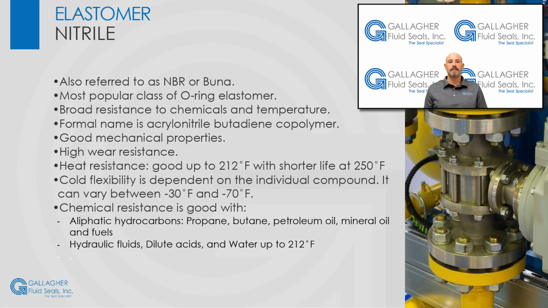Nitrile chemical resistance is strong for the following categories but can vary by individual compound. Aliphatic hydrocarbons such as propane, butane, petroleum oil, mineral oil, and fuels. Hydraulic fluids, dilute acids, and water up to 212 degrees Fahrenheit.